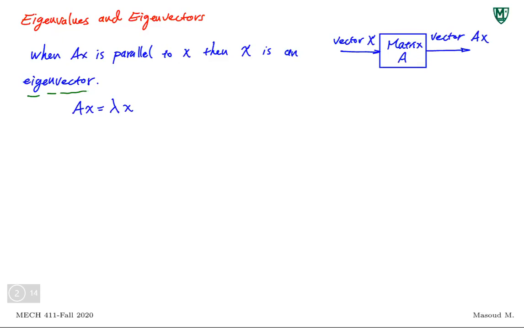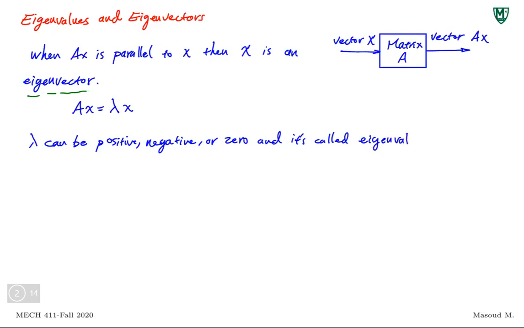So lambda can be positive, negative, or even zero, and it's called the eigenvalue. That's the general concept of eigenvectors and eigenvalues.